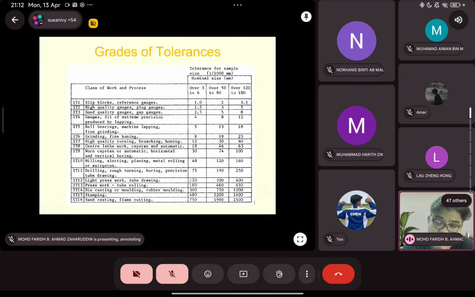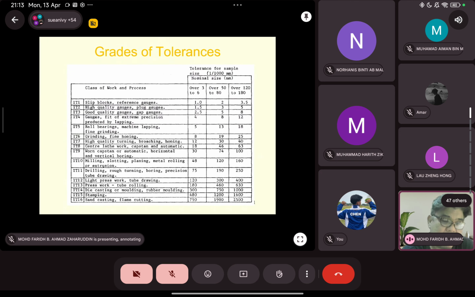You see the tolerance for sample size over 3 to 6 mm is about 0.001 mm. Dia punya hasil dia. For size over 120 to 180 is about 0.0035.